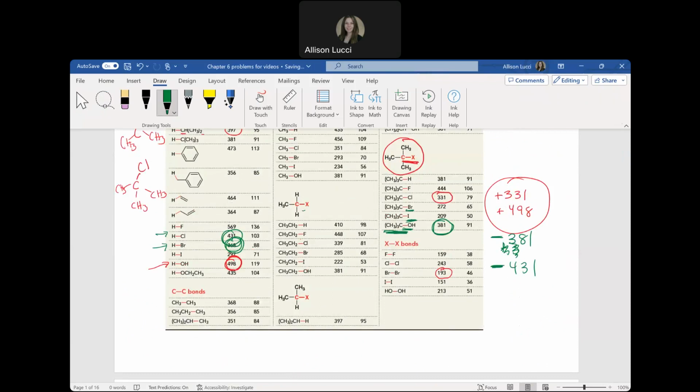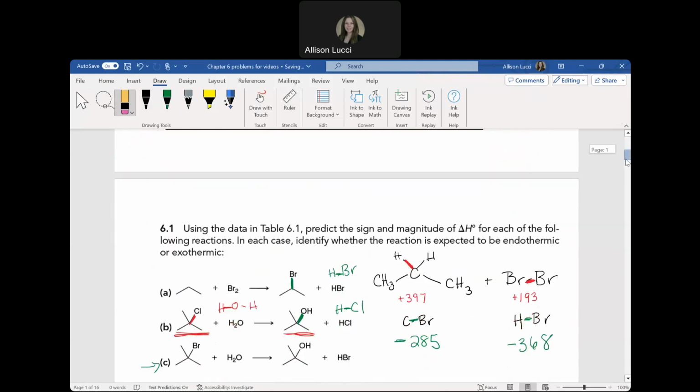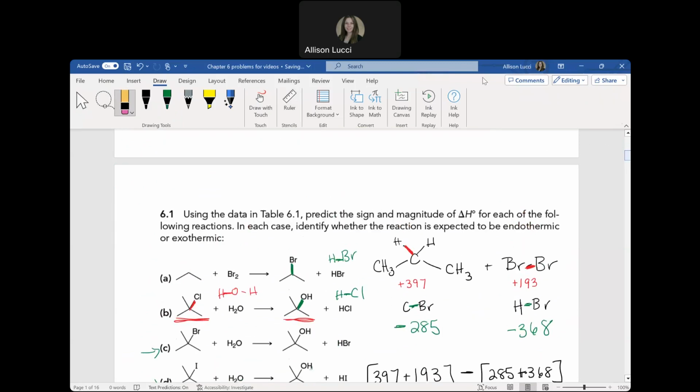But it's the same value for water, for that HO bond that breaks, so 498 would be used. And then our products would have very similar energies again, but instead of HCl, we would use the values that are hidden under here for HBr 368 and HI 297 in questions C and D respectively. All right, so that's everything for problem 1. We'll continue next time with example number 2.